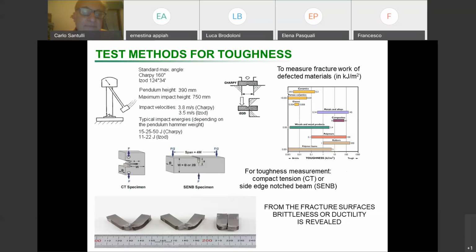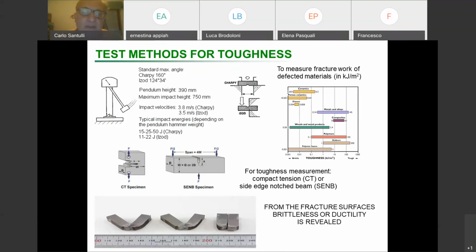In practice, there is a pendulum which impacts a sample which has a notch and might be disposed either notch side down or can be clamped notch side up. So you may have the notch down without clamping the sample. Or in other cases, you may have the notch side up and the sample is clamped. In that case, you have the Izod.